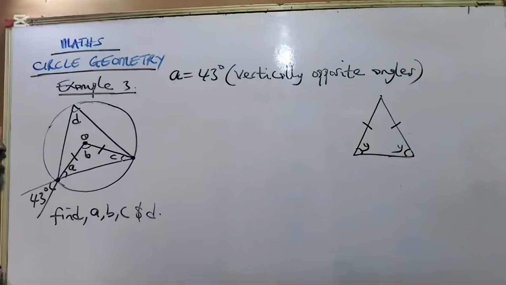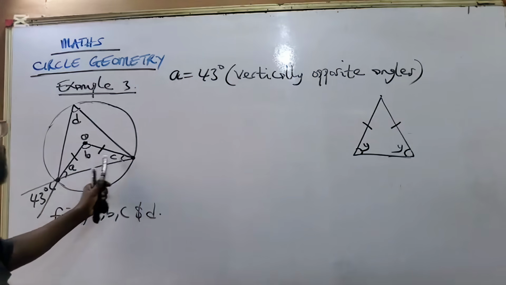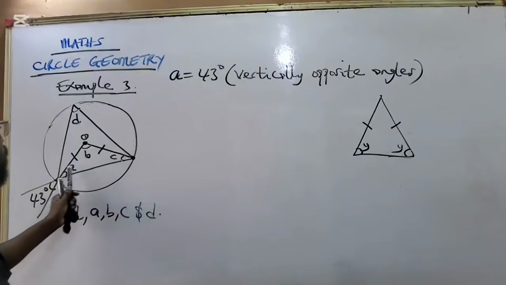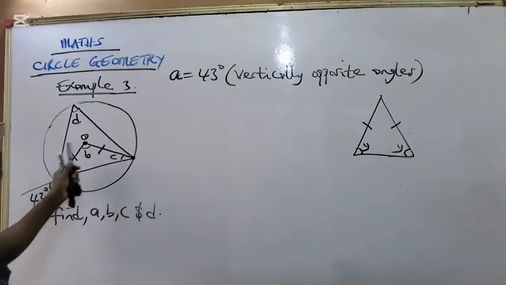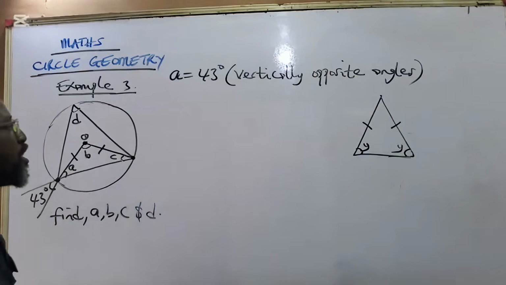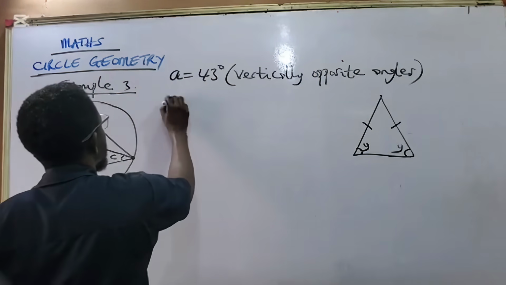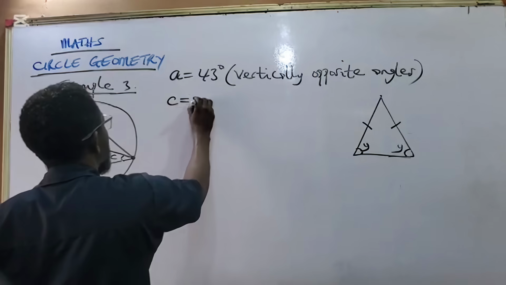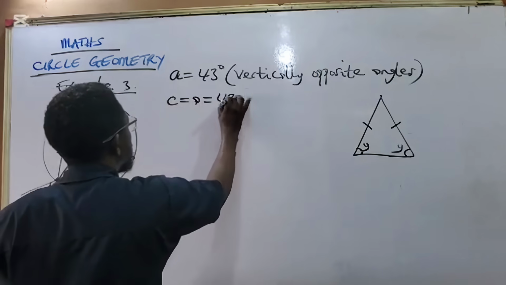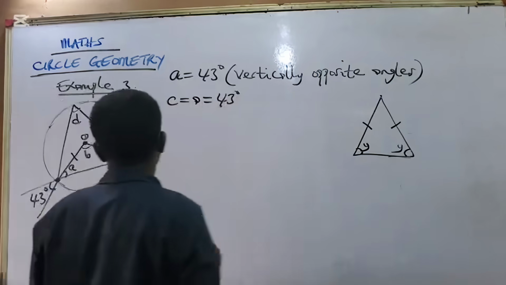So now that you learned that, let's look at this. This is A, so that means C and A are going to be the base angles of this isosceles triangle. So from there, I'll get C equal to A, and that will be 43 degrees.